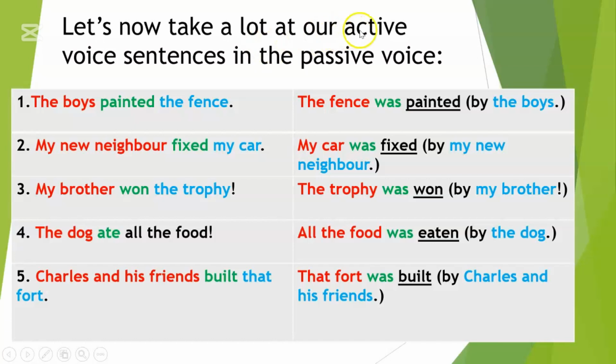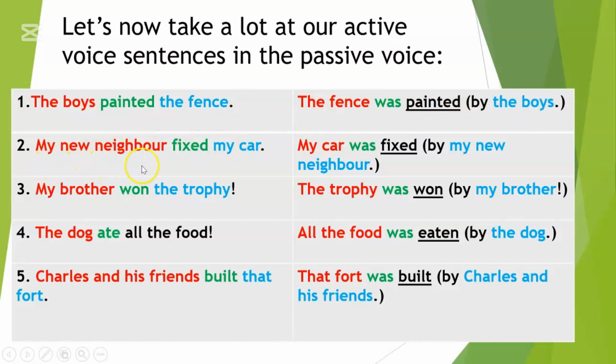Now, let's take a look at our active voice sentences in the passive voice. Number 1, the boys painted the fence. Passive. The fence was painted by the boys. Sentence 2, active.